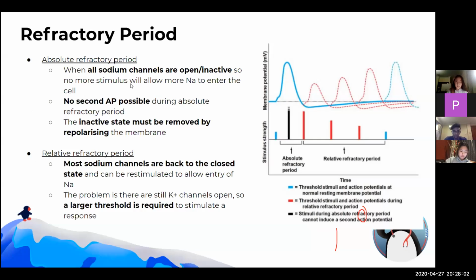During the absolute refractory period no second action potential is possible, because no more sodium channels are able to open to allow that depolarization to happen. The inactive state of our sodium channels must be removed by repolarizing the membrane.